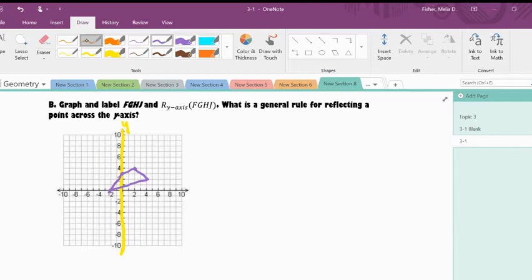Okay, now this is F, G, H, and J. Now we're going to see what happens flipping it across the y-axis. Now note that this time F is the one that stays the same because that is on the y-axis. And G was 2 to the right, and now it's going to be 2 to the left. So there's our G prime.